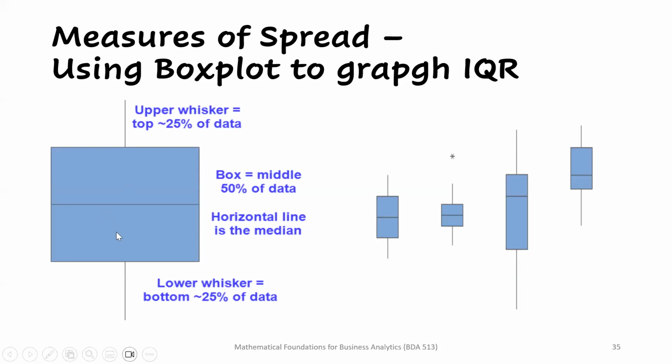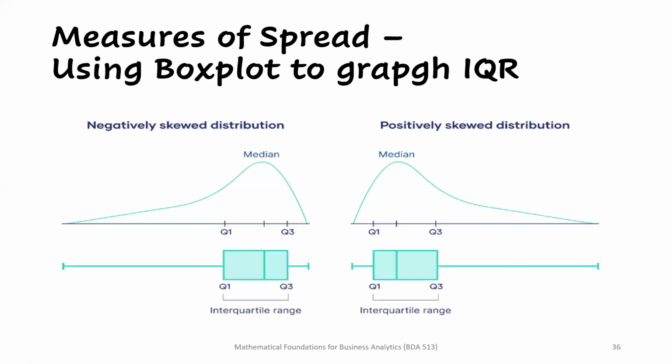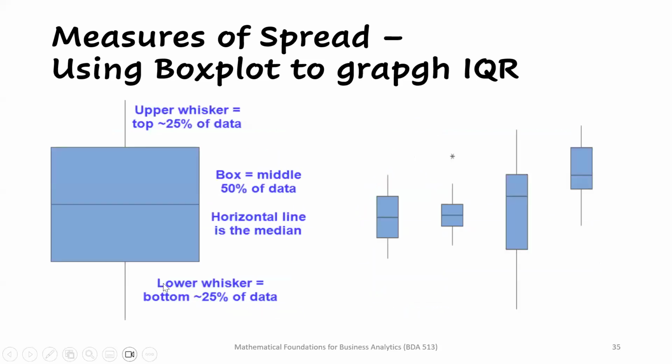Now, let me explain something here. You see from the bottom, the lower whisker, up to the bottom of the box, here is your Q1, or quartile 1. I'll put some markers here later. So up to Q1 is the 25th percentile.